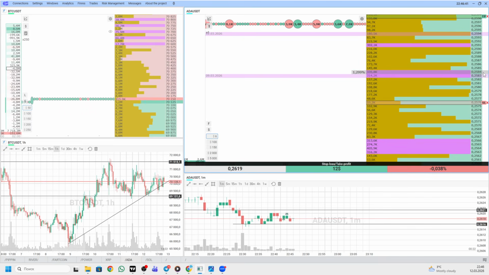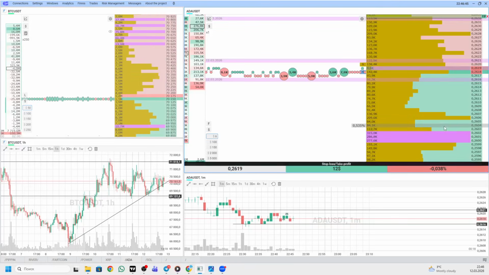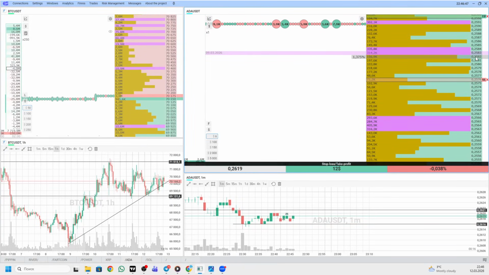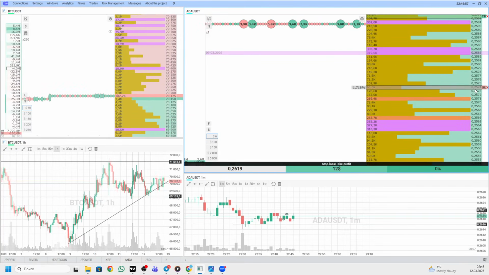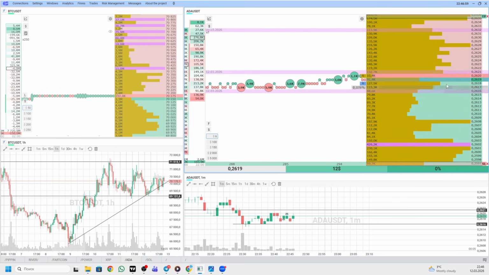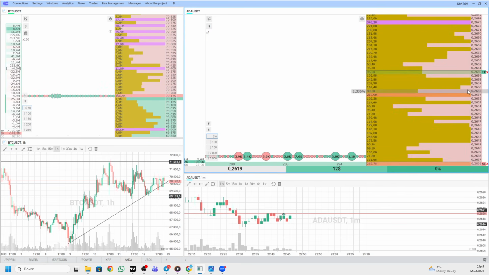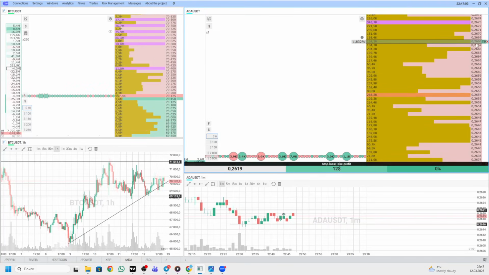For example, I want to put it right here. I just hold it and press with the left button wherever I want. Hop, you see, it's moved up here. Then I want it back here, I moved it down here. And the same way you do with the take profit. If I press this button, I can move my take profit up here, down here.